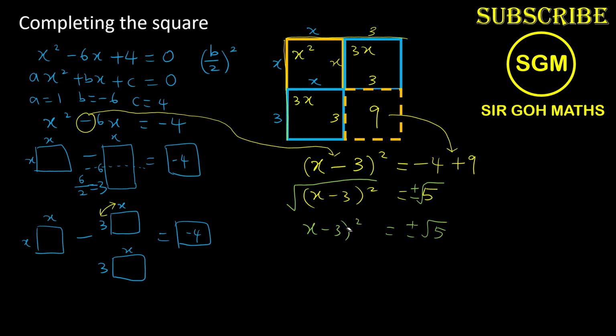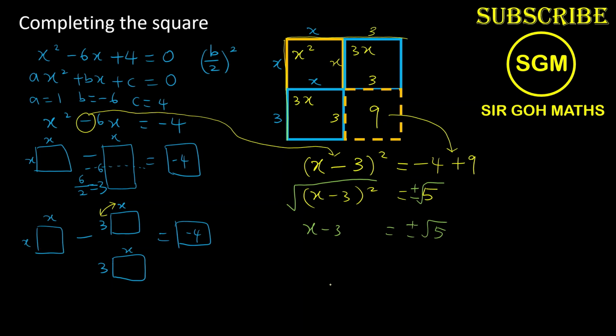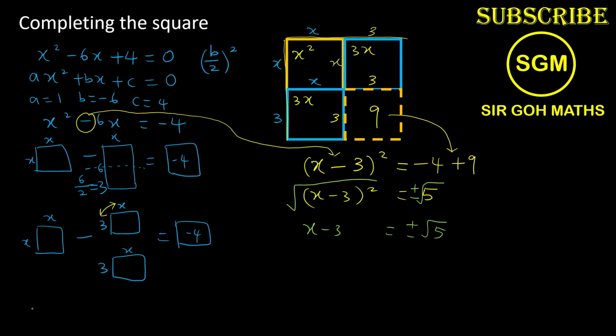Okay, erase that. This is the correct one, right? So now we continue with our working. How do we eliminate negative 3 here? What should we do? We should add 3 on both sides of this equation, right?